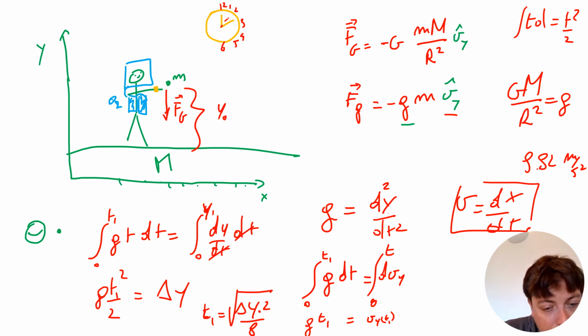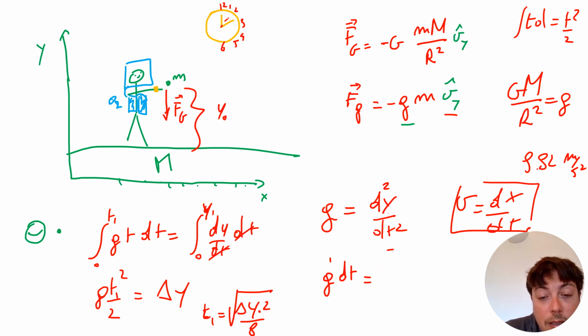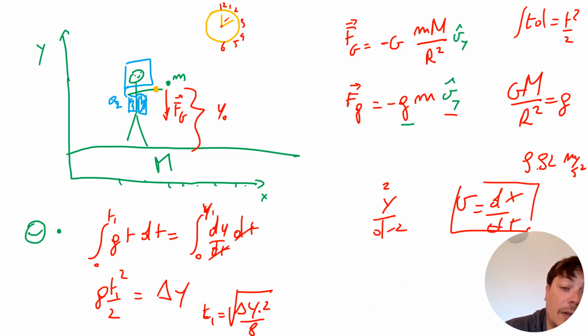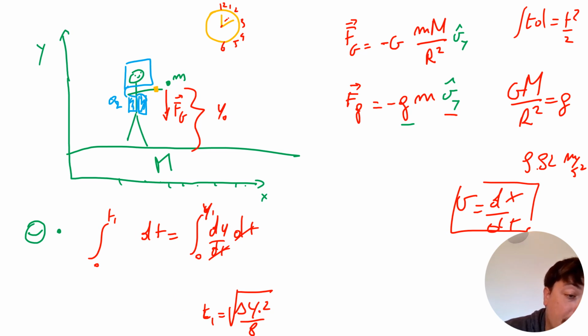So I hope I didn't make mistakes along the way, but basically we can find the time by knowing the falling distance. So if we know, for example, the height of a roof, and we throw an object from the roof, we shouldn't do it, but let's suppose it happens, you know how long it takes to fall in the condition where air resistance is negligible.